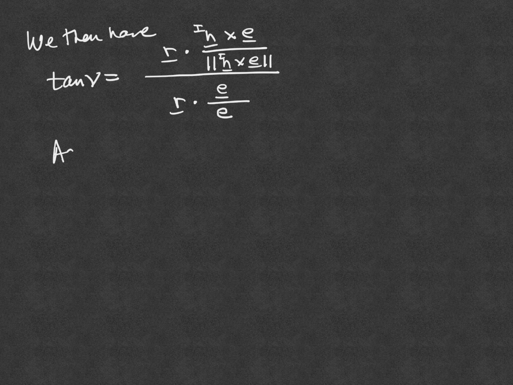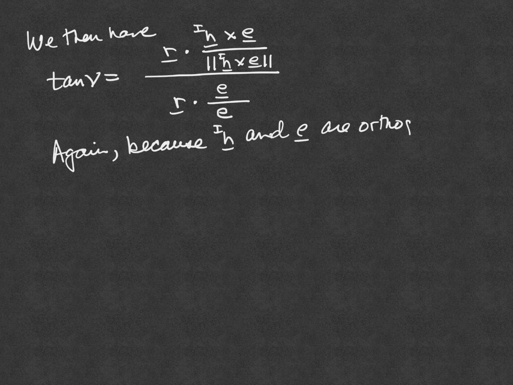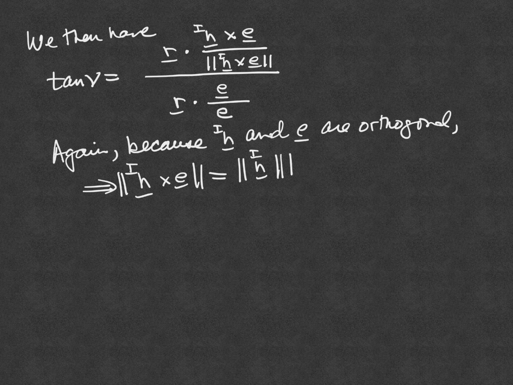Now again, because h and e are orthogonal, that implies that h crossed with e in magnitude is just equal to the magnitude of h times the magnitude of e, which is just equal to he.